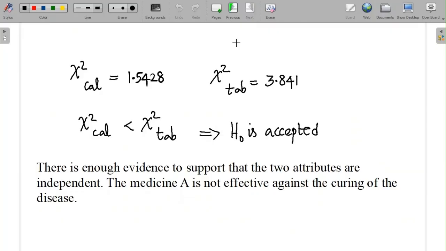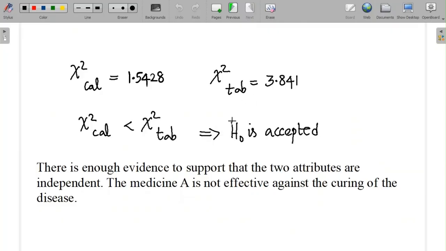We observe that the calculated value is less than the tabulated value. The test statistic therefore falls in the acceptance region, and therefore H naught is accepted. And this helps us conclude that there is enough evidence to support that two attributes are in fact independent. Therefore, medicine A is not effective against the curing of the disease.